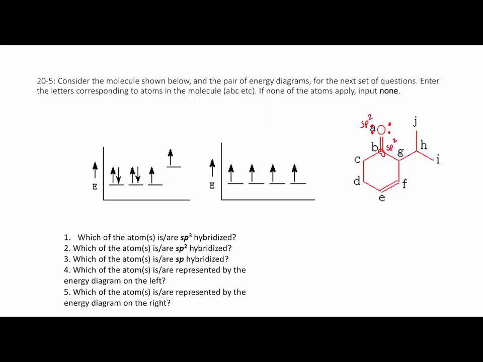Now, C, you could see forms 4 bonds. This is sp3 hybridized. It has 4 sp3 orbitals forming 4 bonds. D is also sp3 hybridized.